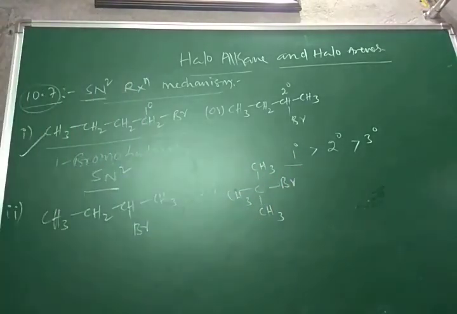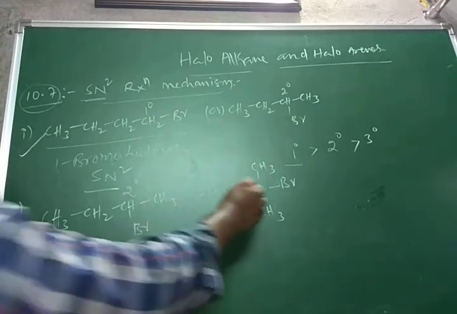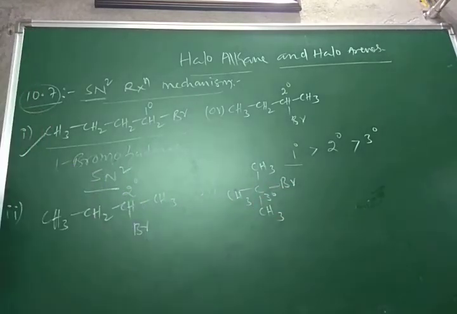In these two compounds, which compound can follow the SN2 reaction mechanism? Simple, follow the order: primary is greater than secondary is greater than tertiary. In this one, this carbon is secondary carbon and this carbon is tertiary carbon.